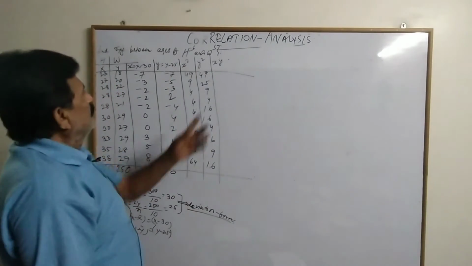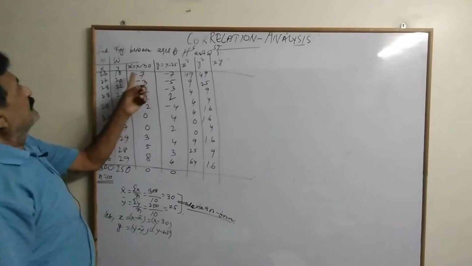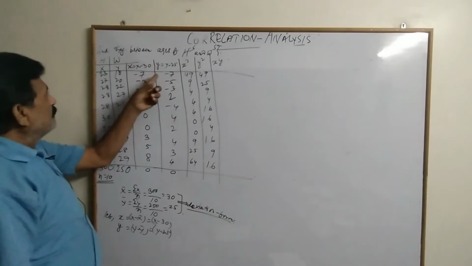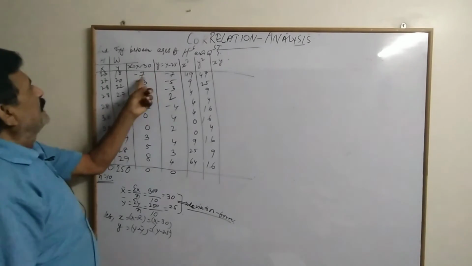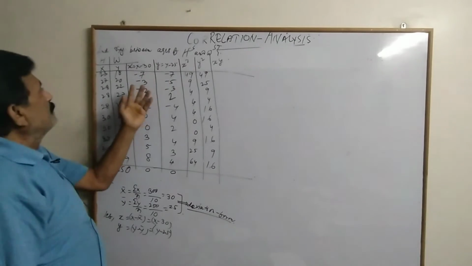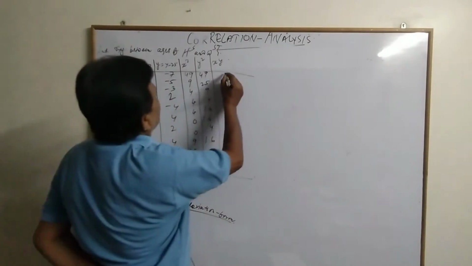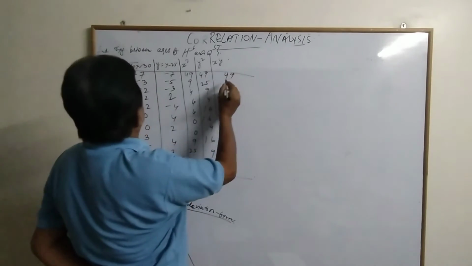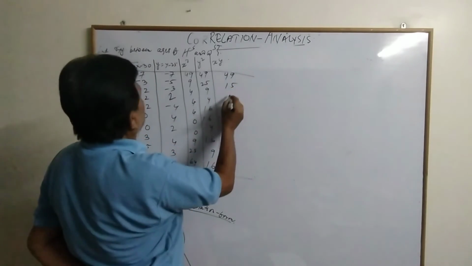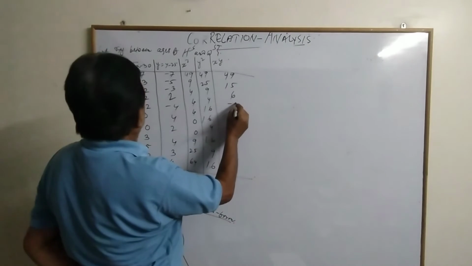And the final column, as per the requirement, is the product of the small x and the small y. So these two corresponding values of these two columns have to be multiplied. So this is minus 7 into minus 7. This is 15. This is 6.